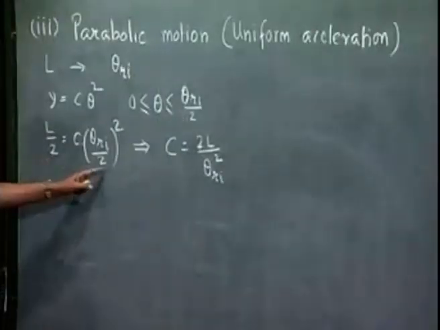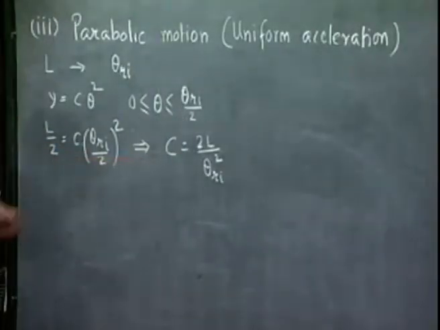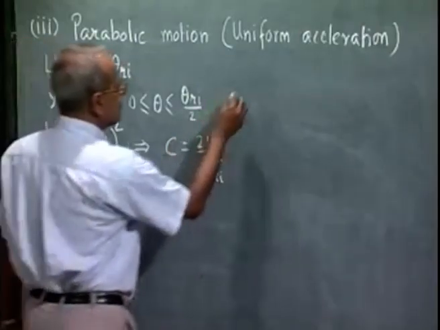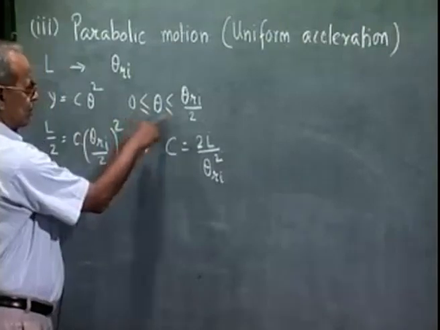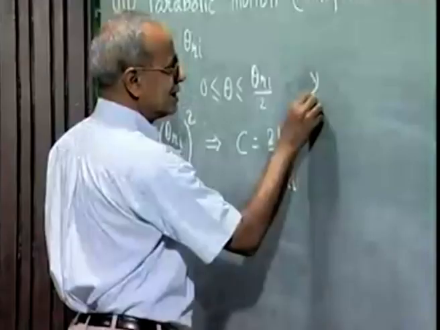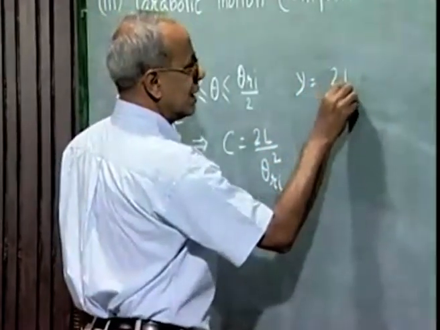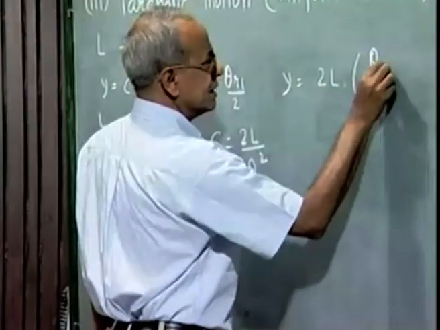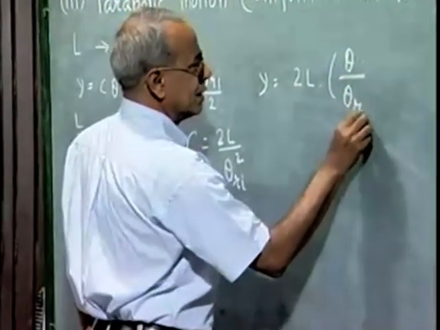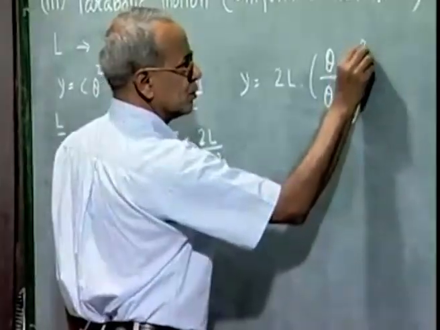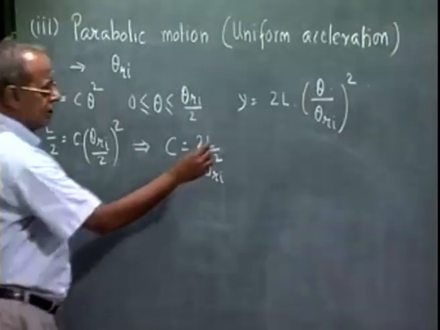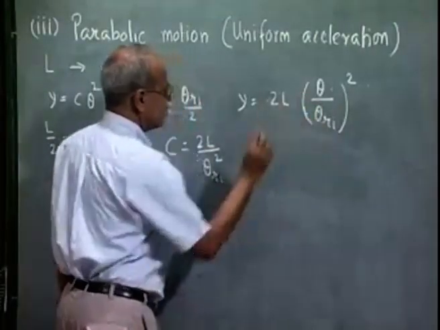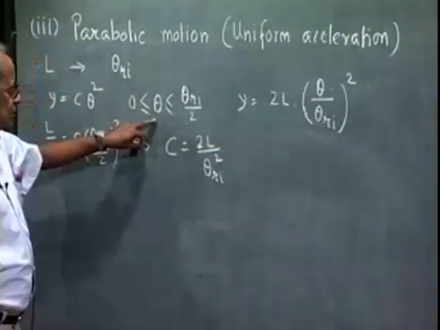This is 4, so 2 cancels, this 2 goes there, 2L by theta Ri squared. So the expression for this uniform parabolic motion during this range of theta from 0 to theta Ri by 2, y is given by 2L into theta by theta Ri by 2 whole square, that is, theta divided by theta Ri whole square. This expression is up to this.